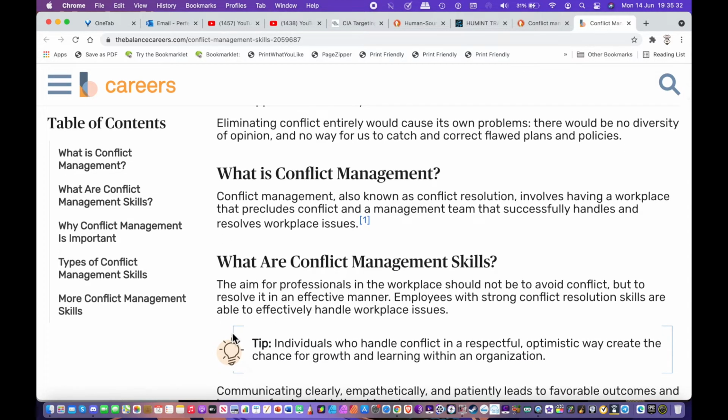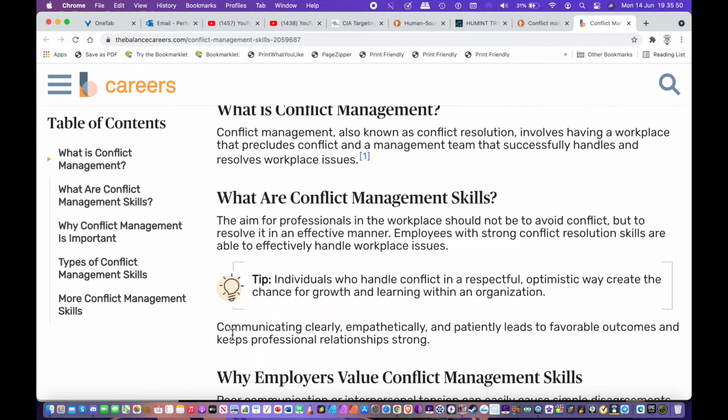What is conflict management? Conflict management, also known as conflict resolution, involves having a workplace that precludes conflict and a management team that successfully handles and resolves workplace issues. What are conflict management skills?